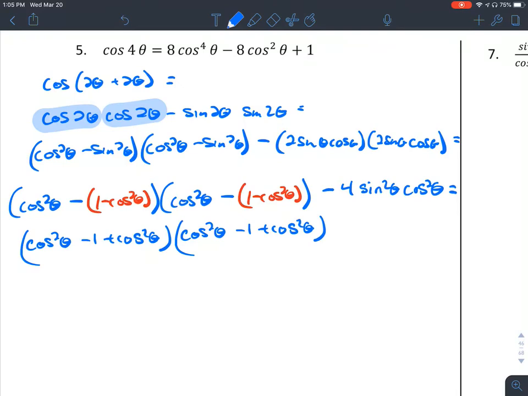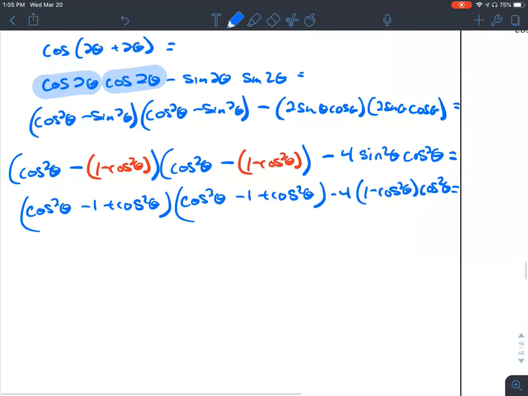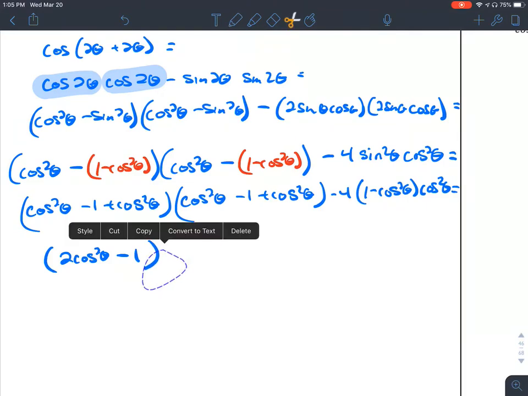Over here on the right, I still don't want sine squared in the problem because the right side doesn't have any sines in it. So I'm going to change the sine squared to 1 minus cosine squared of theta times the cosine squared of theta that was already there. This is just a monster, isn't it? This set of parentheses is going to become 2 cosine squared of theta minus 1. The next set of parentheses will become the same because they're identical.